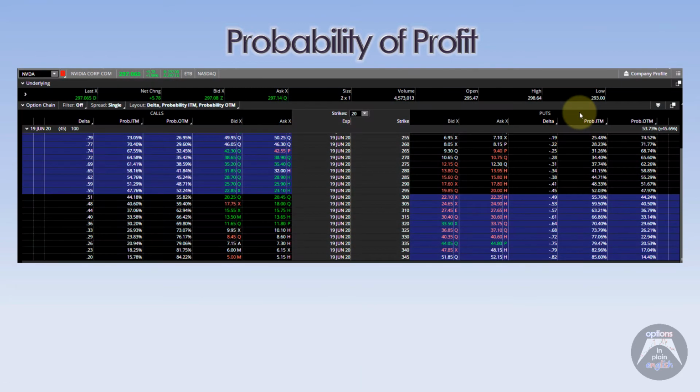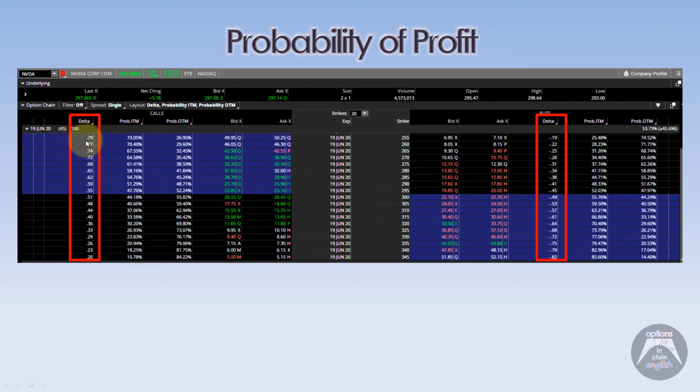Now, let's look at an actual example of how to get this information, the break even and eventually the probability of profit, which is what we're trying to get here. Looking at the information on our trading platform, I've pulled up NVIDIA, NVDA, for the 19th of June 2020 expiration, so 45 days to go right now.